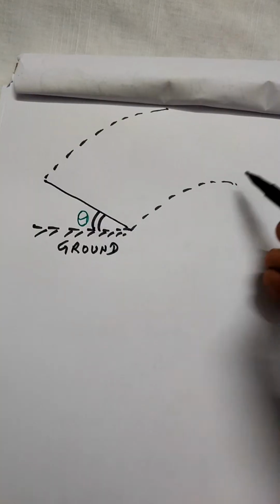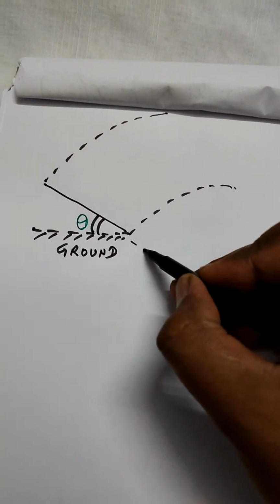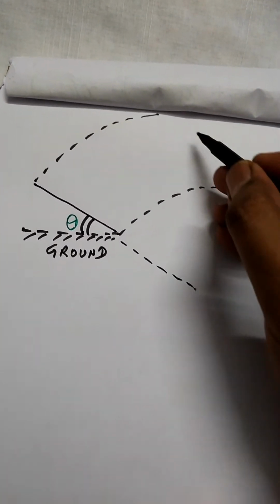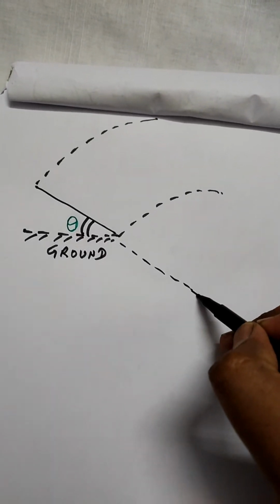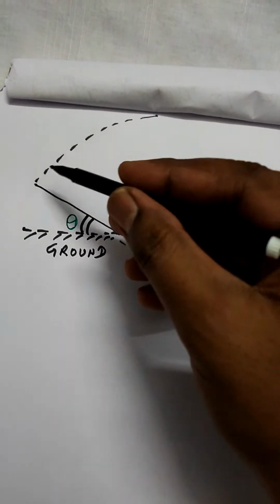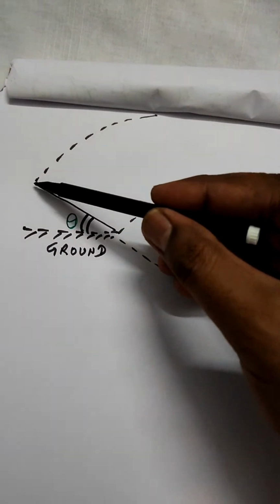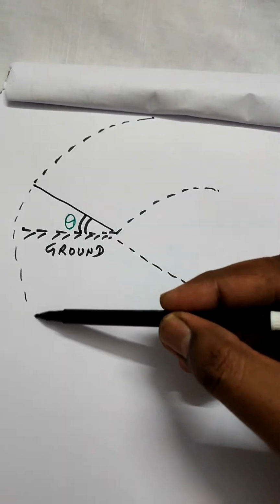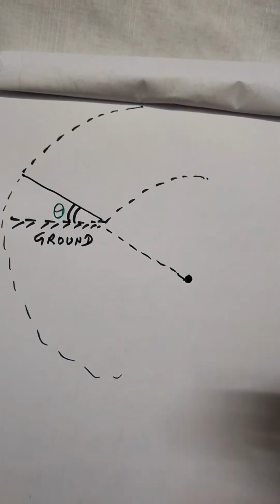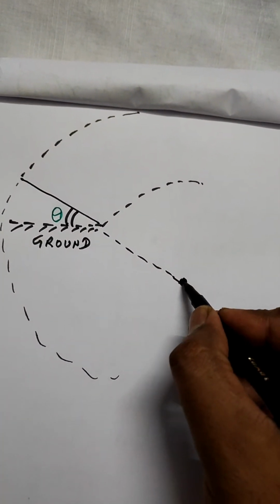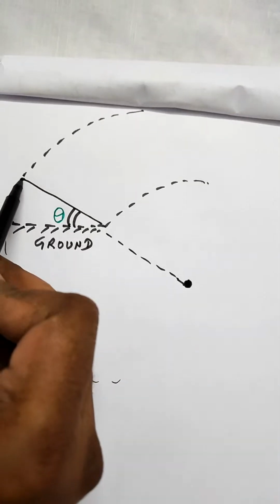When you see, the road is looking like this, and when you connect it, there will be a center for this entire circle, and this will be the radius of this banking.